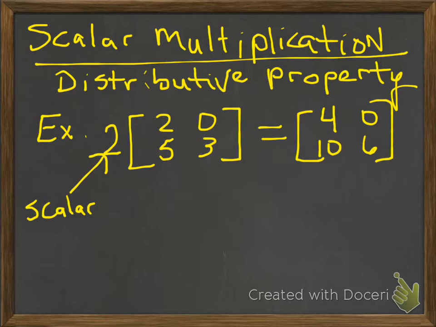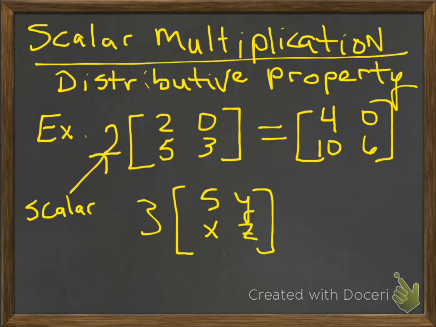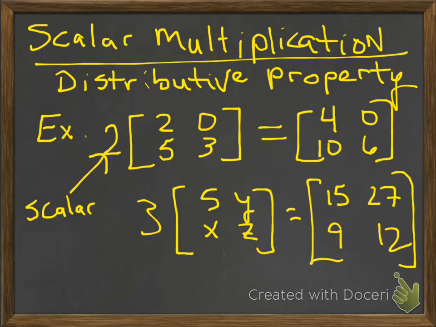Somebody did bring it up, and I'll go ahead and discuss it on here. Somebody asked, is it possible to have variables? It could be. Say take 3 times the matrix 5, x, y, z, and let's say it equals 15, 9, 27, and 12.